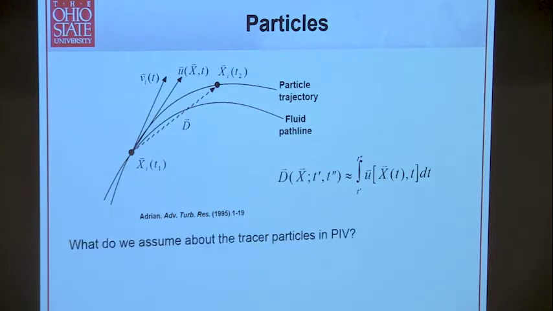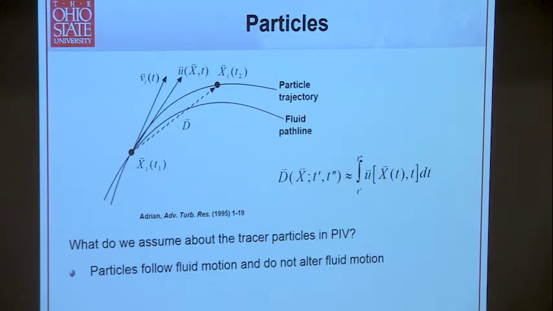Okay? Now, let's talk about a bit of what we have to assume about the tracer particles in PIV. What do we assume? We assume particles follow the motion, and they also don't alter the fluid motion. This is reasonable for very small particles. This is not reasonable as the particles become larger.